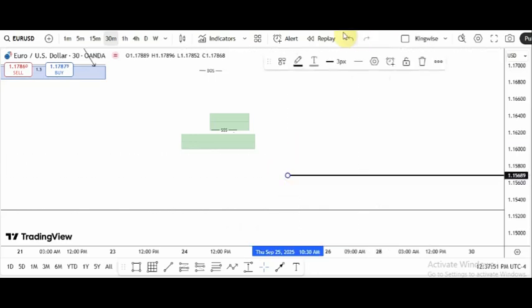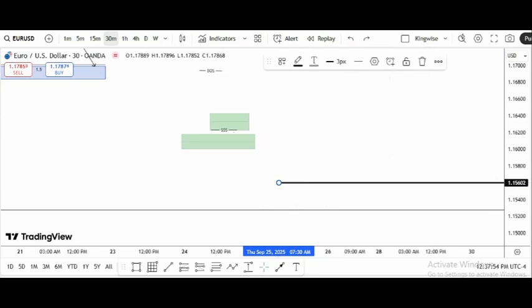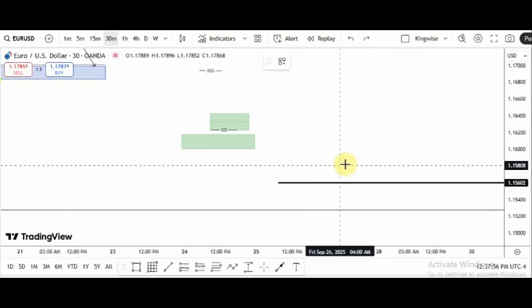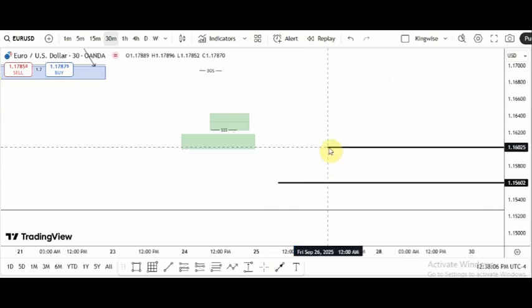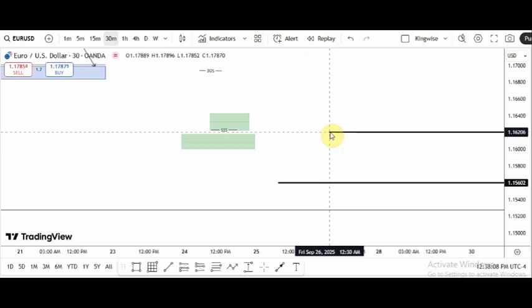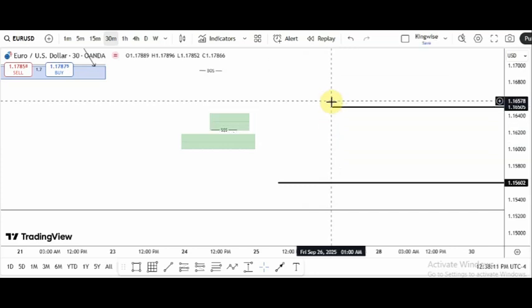It's not working. Okay, so you see another price. This is another psychological level, 15800, just like that. You see another one at 16000. You see another one 16200, 16400, 16600.